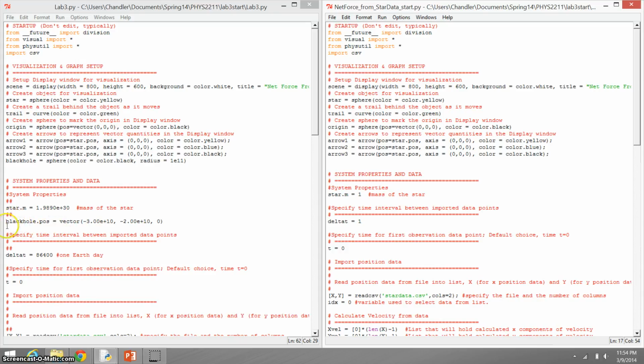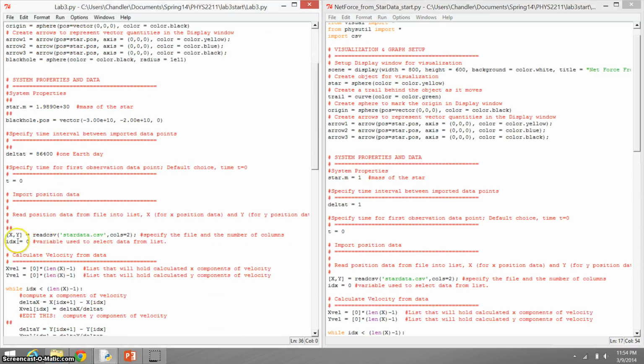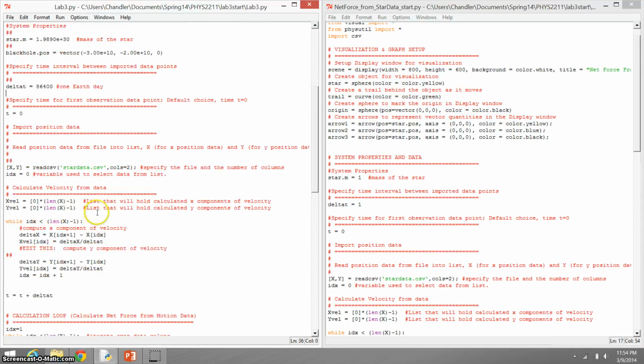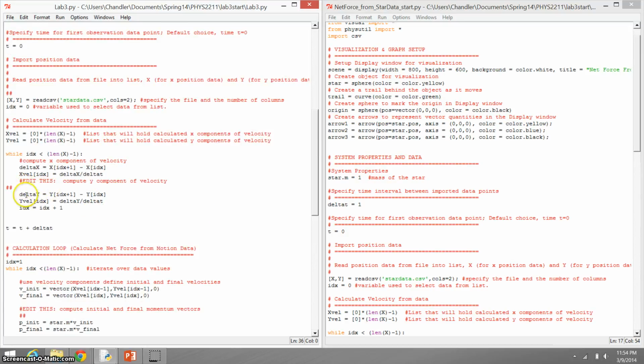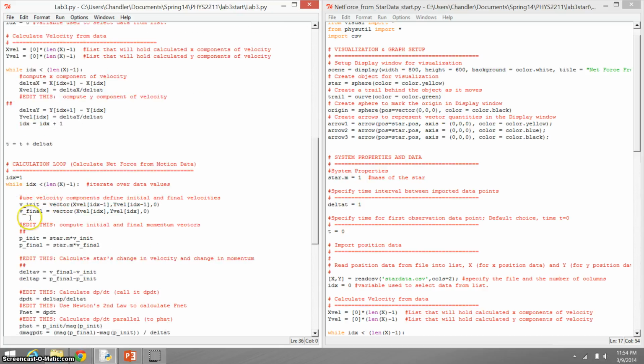But also changed the vector position of the black hole given here, and then we changed delta t to the number of seconds in one day. I added a little bit for the delta y. It originally didn't have the idx plus 1 minus the y idx, so I just added that there so we can actually get a difference for the final minus initial. And then here I changed the v initial, which is the vector of this. We added that.